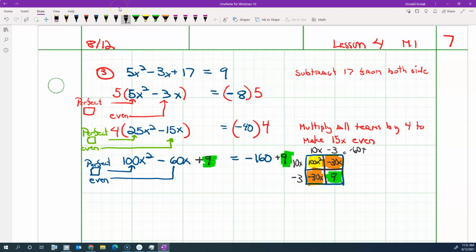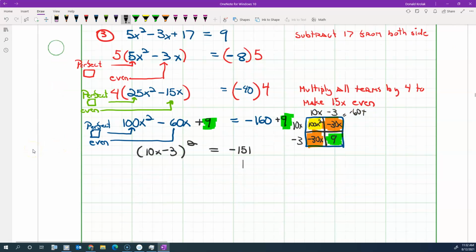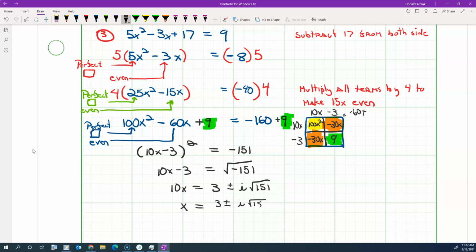And now it's just, okay, 10x minus 3 squared equals negative 151. Okay. And there's your answer.